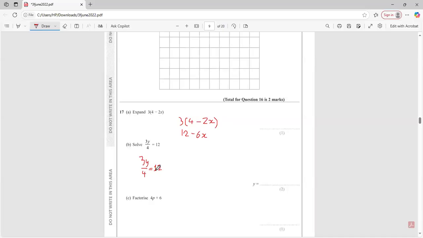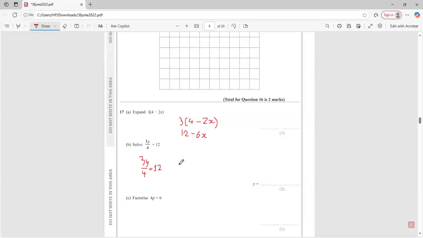Doesn't matter what it is, if it's a fraction, a whole number, or a decimal number. Right now I'm looking for y, and 3 over 4 is multiplying y. So I'm going to simply divide both sides by 3 over 4. Remember 3 over 4 is a fraction, so dividing both sides by 3 over 4 is as good as multiplying both sides by 4 over 3. Don't forget that principle.